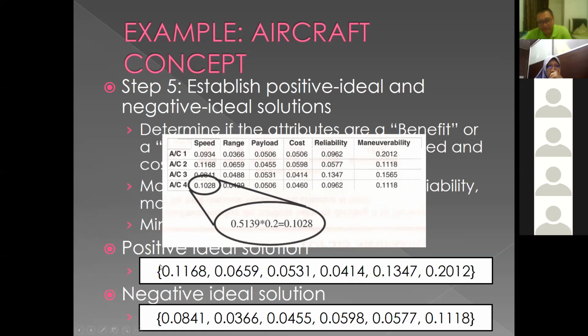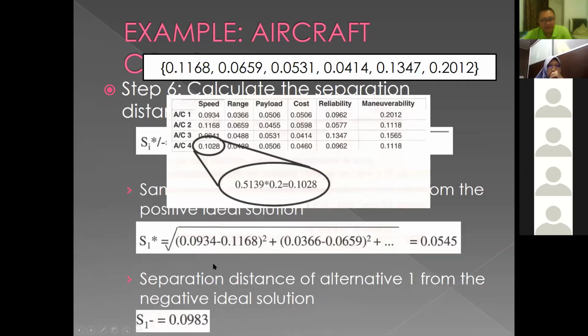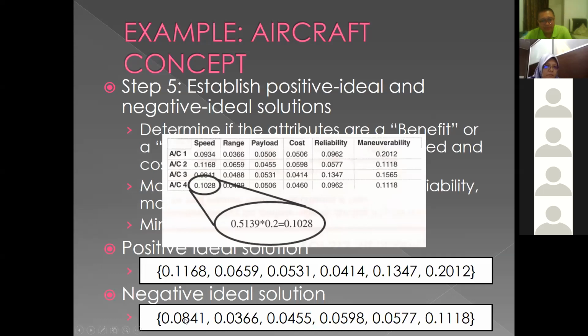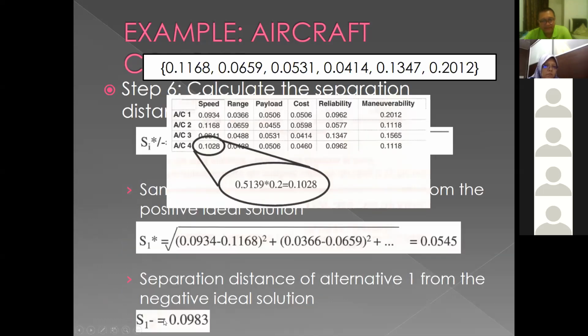If you want to calculate for S negative, then this is the value that you need to deduct. Like this one, 0.1168 is from the positive ideal solution. But if you want to calculate for the S negative, then you need to base on this value. Okay, moving on.